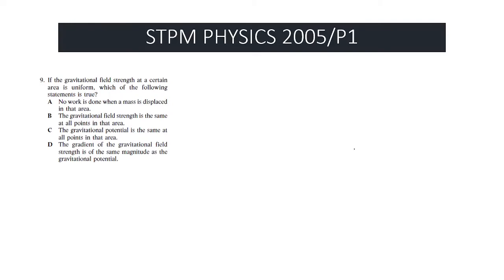Now question 9. If a gravitational field strength at a certain area is uniform, which of the following statements is true? So the first, A, no work done when a mass is displaced in the area. So this is incorrect. The work done is given by the integration of F with respect to dx.